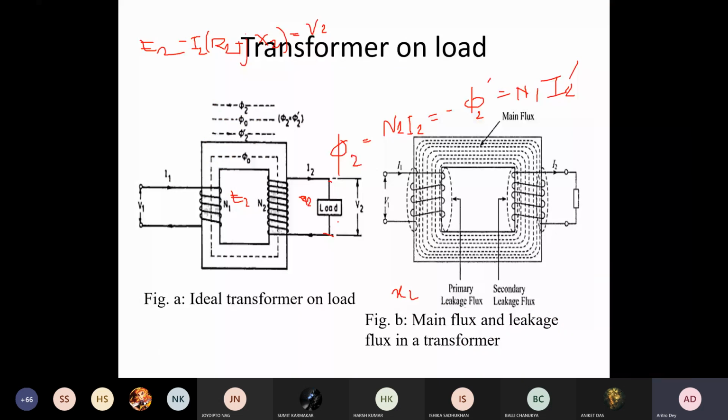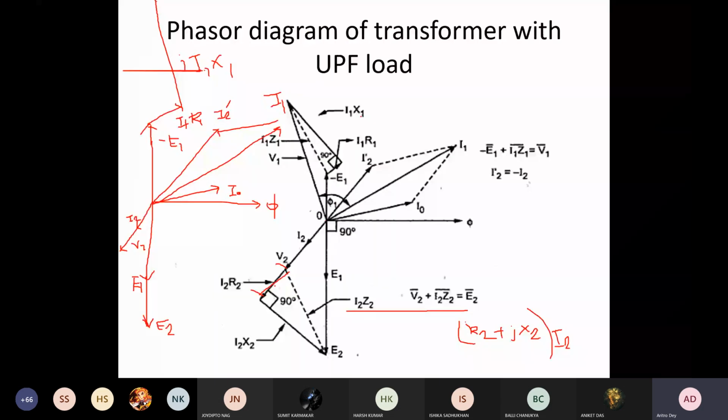So your phasor diagram will change a bit. Here I2 is taken in phase with V2. So V2 plus this drop, I2 into Z2, the internal impedance, will be your E2.